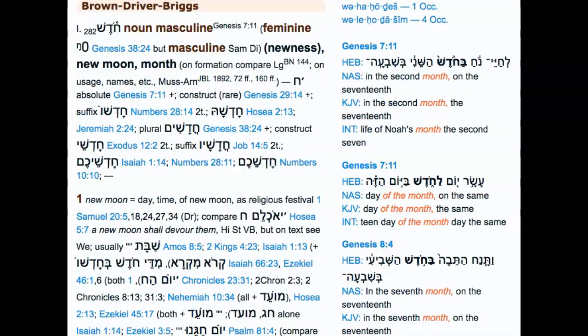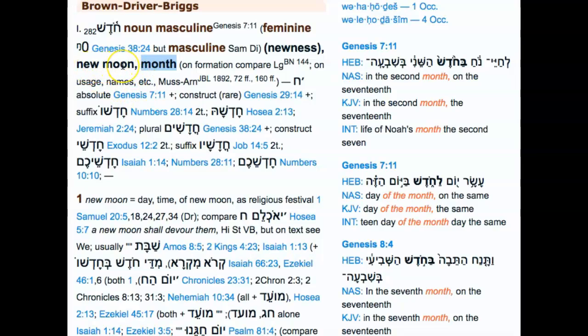But is there an agenda when it comes to these translators? Let's find out, because the Brown Driver Briggs also defines it as new moon or month. However, we're going to see the truth in that this word should only mean the word month. It does not mean the word moon, because there's another Yahudiath Hebrew word that means the word moon.